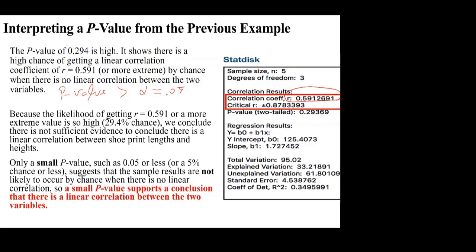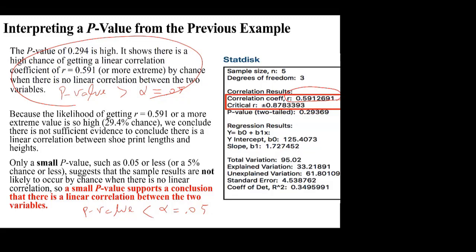And in this case, rho becomes 0 in essence, and there is no correlation. If the p-value is less than alpha, and remember, alpha doesn't have to be 0.05, most of the time we choose it to be 0.05, and if it's less than that, then you reject H0, which says there is no correlation.